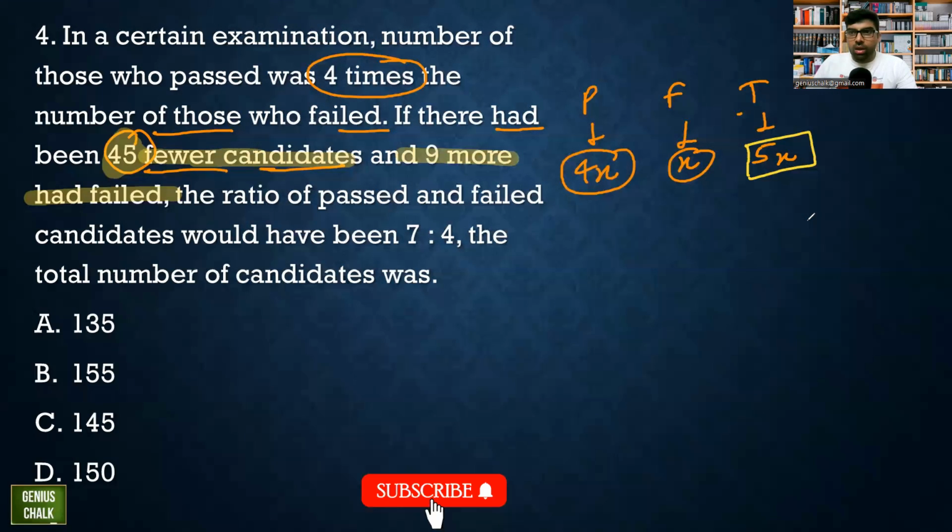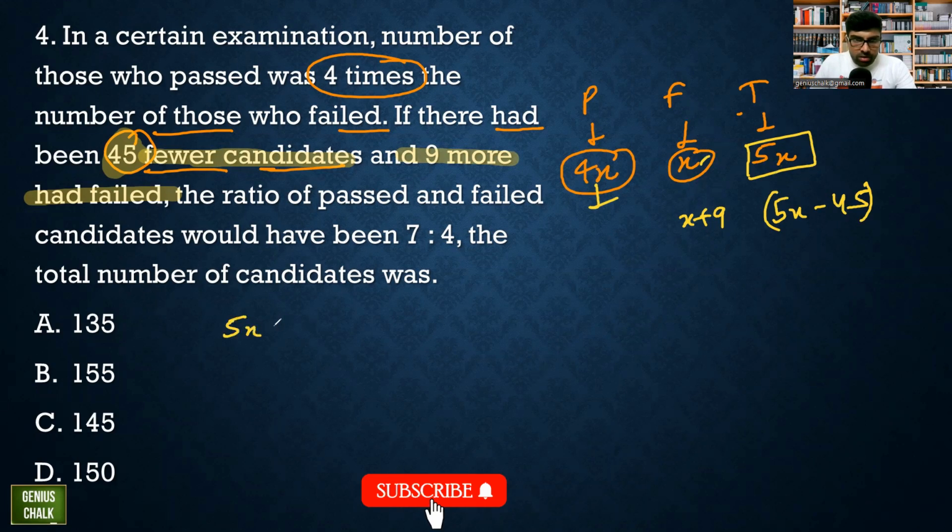That means the total people would be 5x minus 45, and the failed would be x plus 9. So can you find the number of passed in this case? The total is 5x minus 45, out of them x plus 9 are failed.